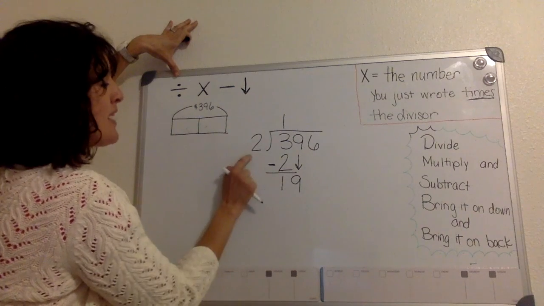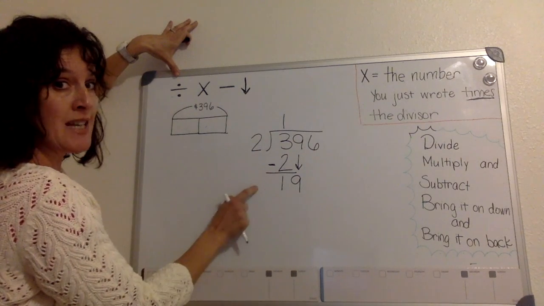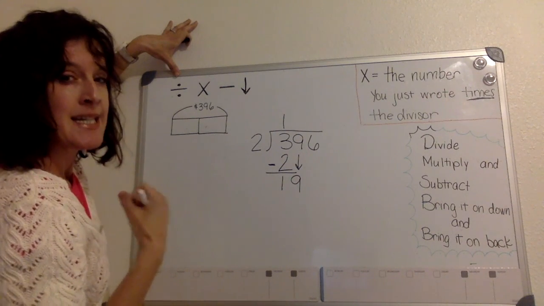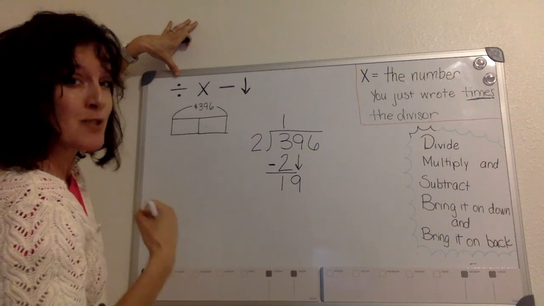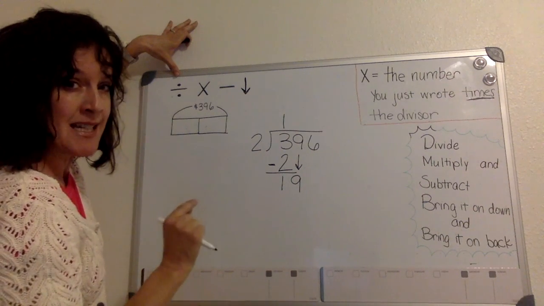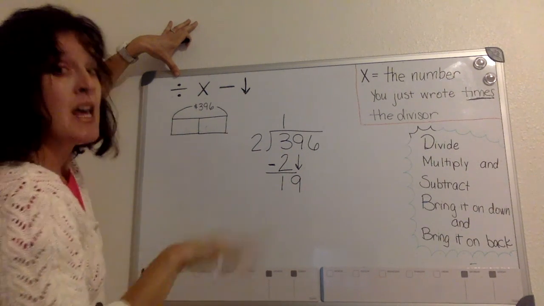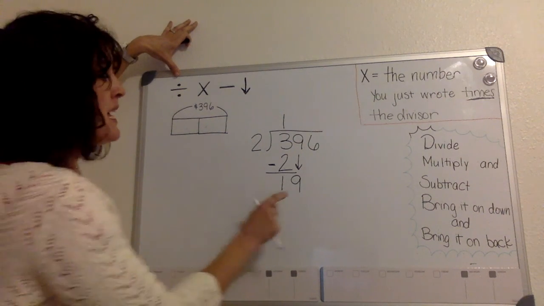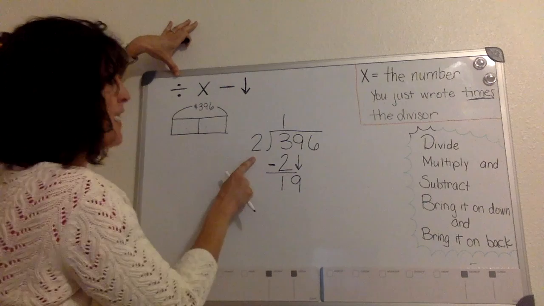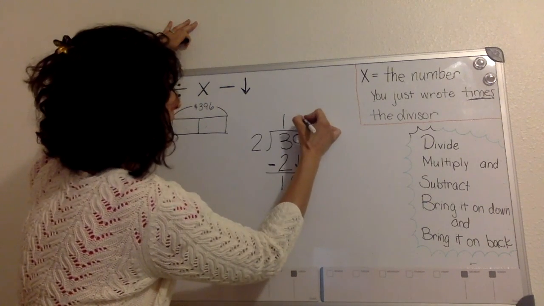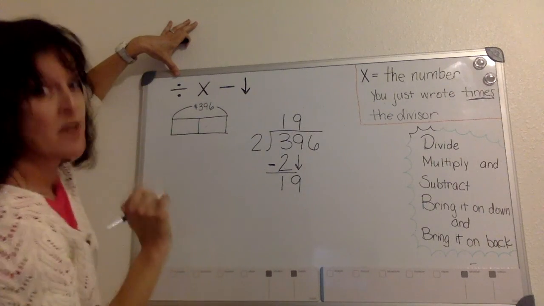19 divided by 2. How many 2's fit into 19? 2 times 8 is 16. 2 times 9 is 18. 2 times 10 is 20. That's too much. Let's go back to the 2 times 9. 19 divided by 2 is 9 with the remainder.